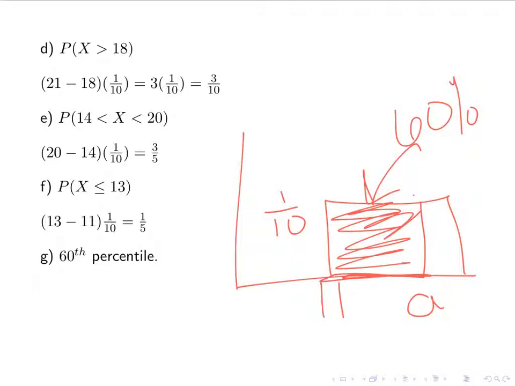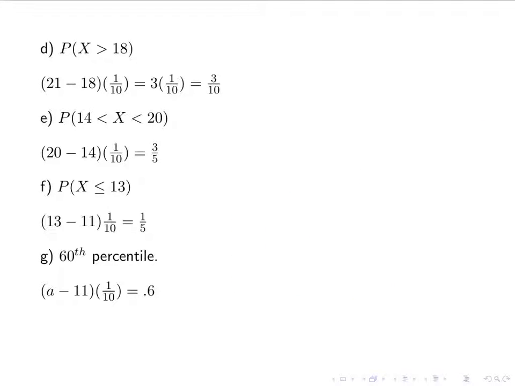And the area is 0.6. So I'm going to set up my equation that A minus 11 times 1/10 is 0.6. I'll multiply both sides by 10 and get A minus 11 is 6, and then add the 11 over, and I get that A is 17 minutes. So the 60th percentile is 17 minutes.